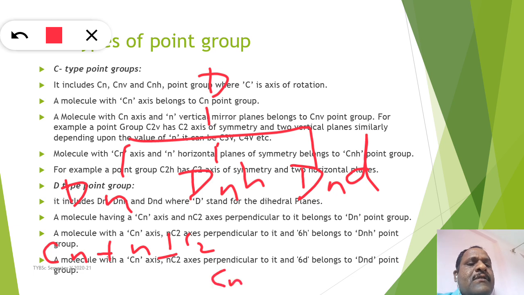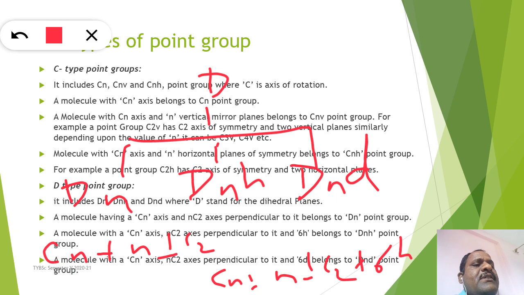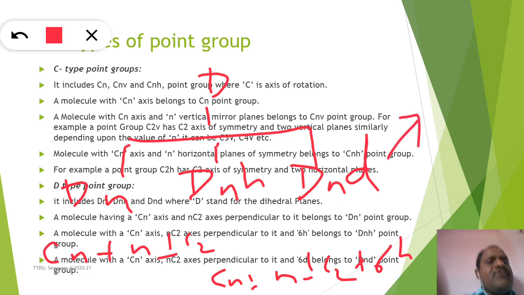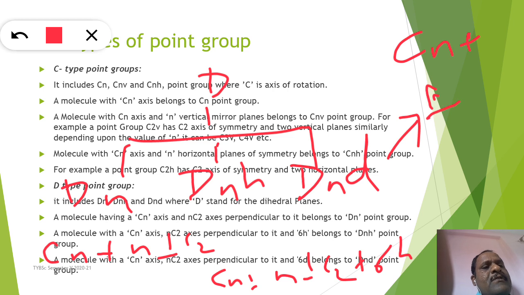And for DNH, what is required? CN plus n number of C2 perpendicular to it plus sigma h. That is the requirement of DNH. And for DND, what is required? CN plus n number of perpendicular C2, plus there should be a sigma d, meaning diagonal plane.